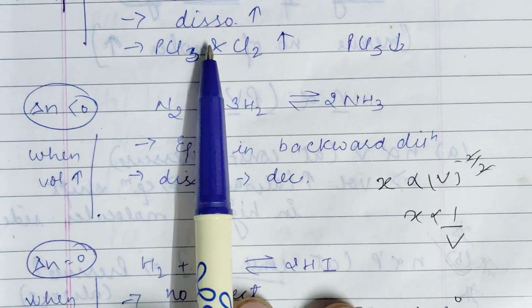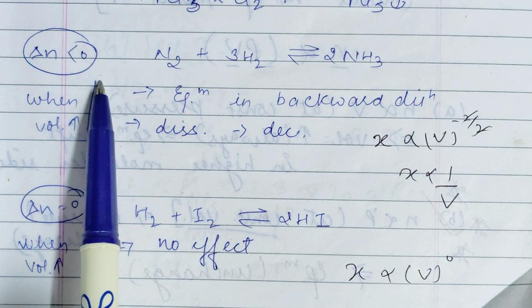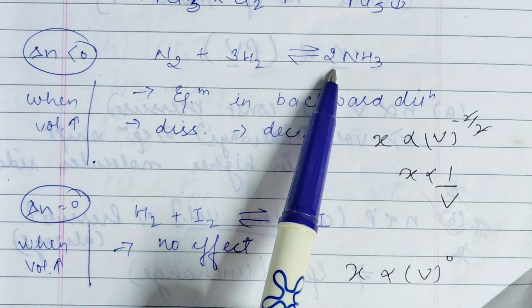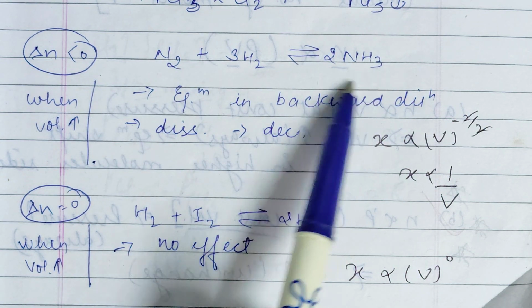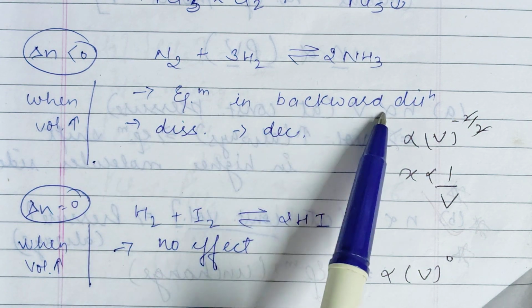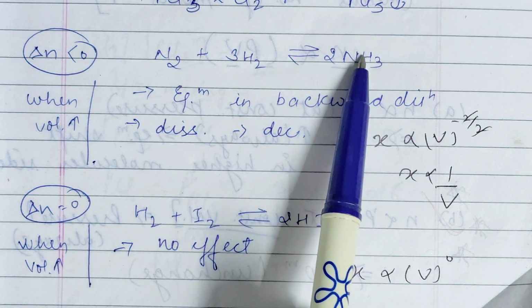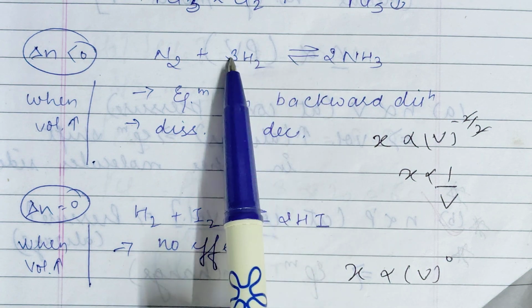Second, if delta n is less than 0, for example N2 plus 3H2 gives 2NH3, when volume increases, the reaction goes in the backward direction. It means dissociation decreases.